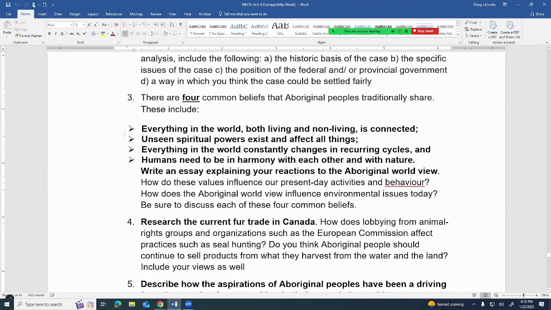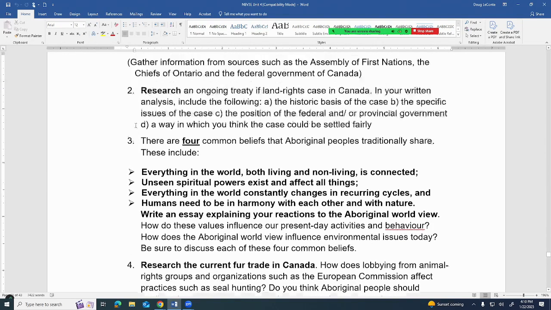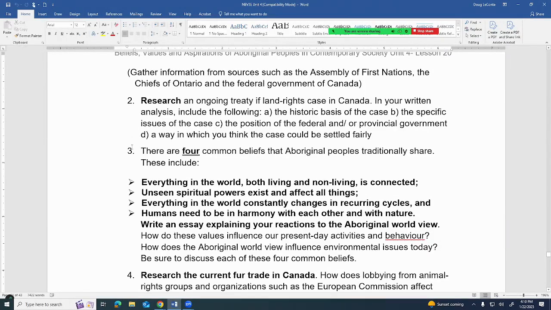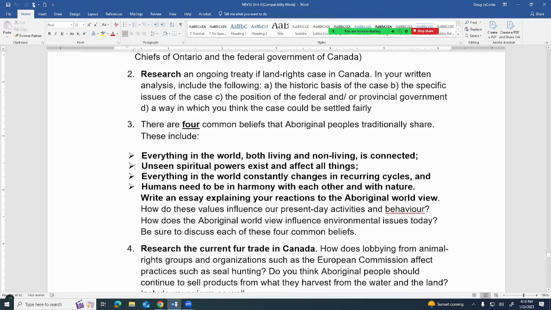Okay. Now, topic possibility number 3. There are 4 common beliefs that Aboriginal peoples traditionally share. These include: everything in the world, both living and non-living, is connected. So that's that great web of life.